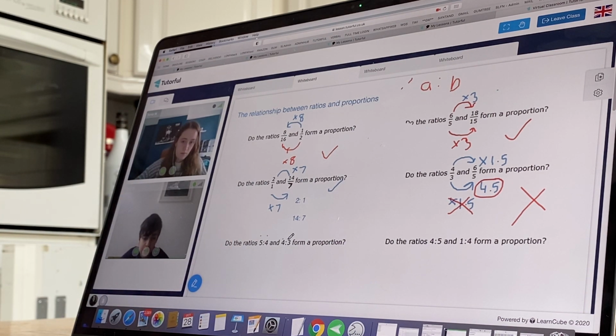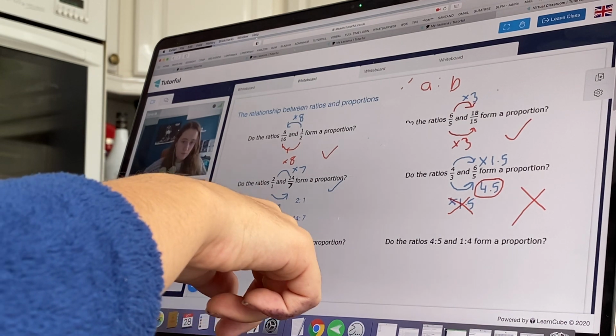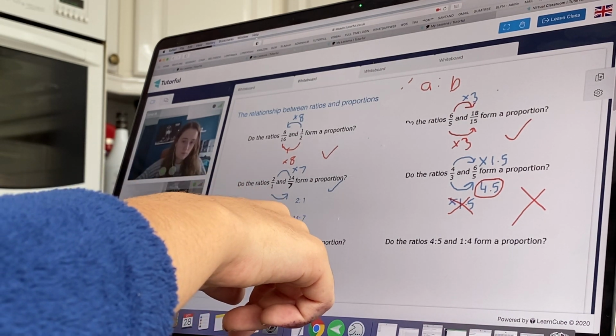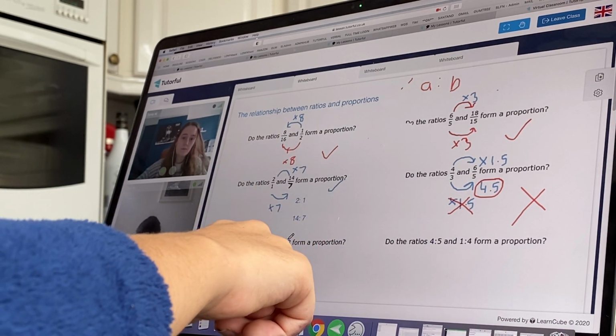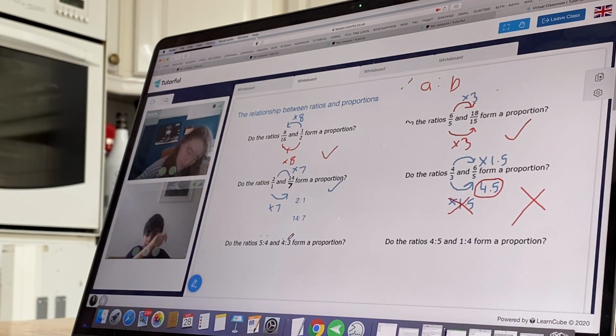And 4 can go into 4 by multiplying by 1, but 3 can't go into 5 without being a decimal or a remainder.